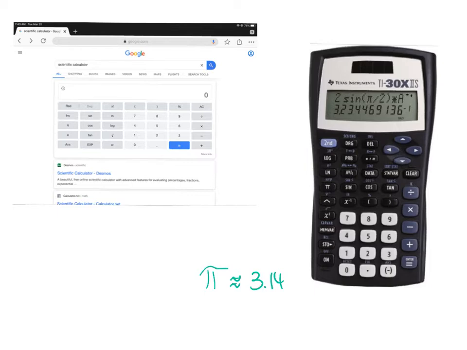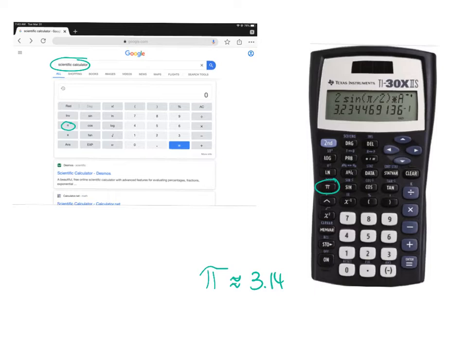Whenever you're using pi, if you have one of these scientific calculators, I'd like you to use the pi key. You just press that in and it comes up as an estimated 3.14, so it's the closest that we're going to get. If you don't have that calculator and you've been using Google, just Google scientific calculator, and you can use the pi key.